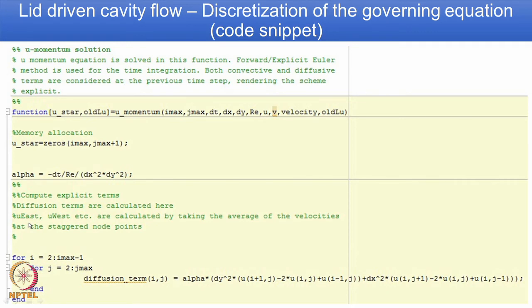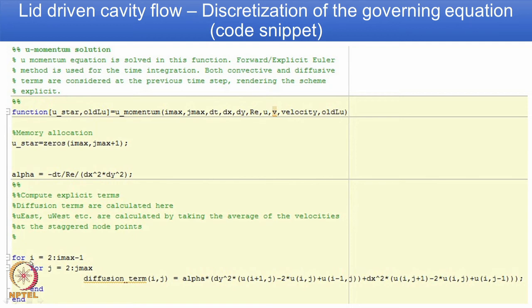So, we have east, west, north, south terminology to be used here. u east and u west are calculated by taking the average of the velocities at staggered node points, because we want u at the staggered location.